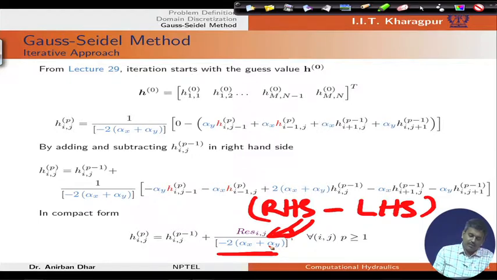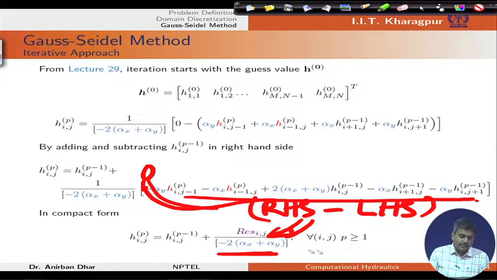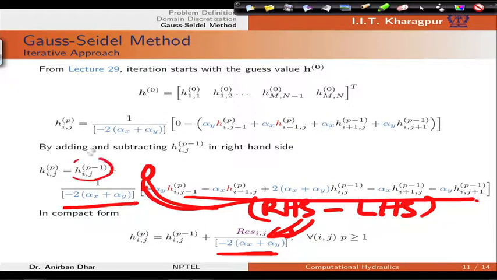If you see our original problem, right hand side there is nothing, so we have 0. So, right hand side is 0, 0 minus left hand side, whatever was there in the left hand side we can take a negative sign of that, and we can directly write that here, and divided by central coefficient plus our old value, and if we multiply some term here, then we can say that it is SOR, but from Gauss-Seidel point of view this is same.